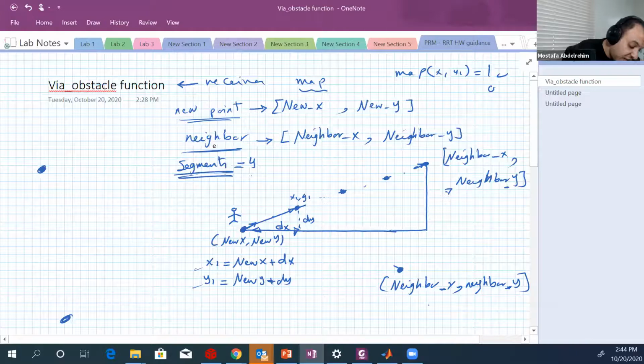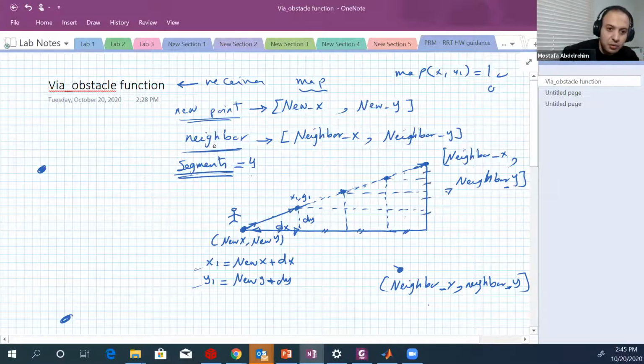So when I divide this distance from this point to this point into 4, I'm also dividing this horizontal distance into 4, and also this vertical distance into 4.